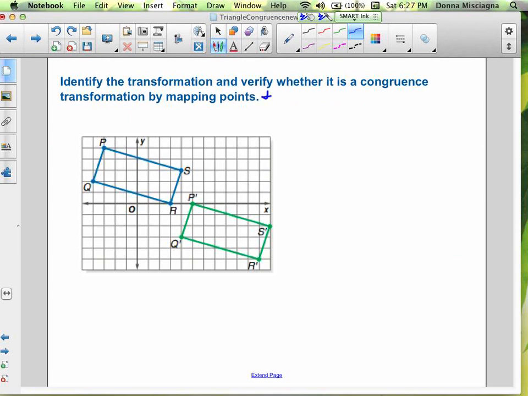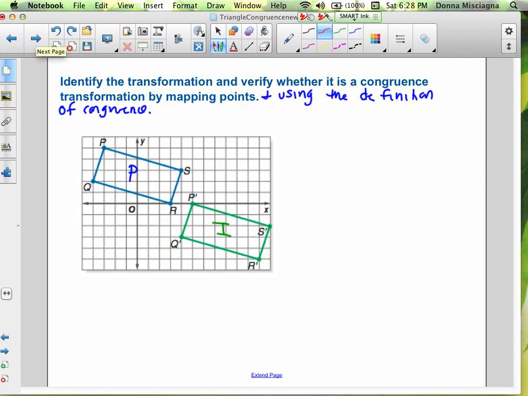And we're also going to use the definition. We already have it graphed here. We know this one is the pre-image because it doesn't have the prime marks on it. The green one is the image. So let's see how our points moved.